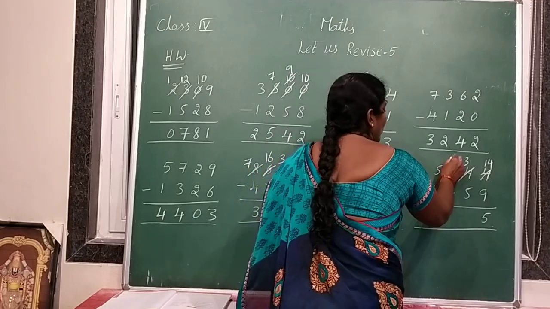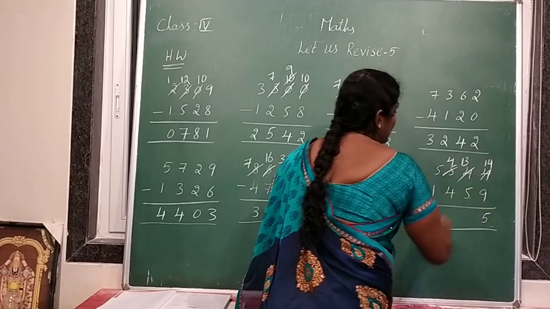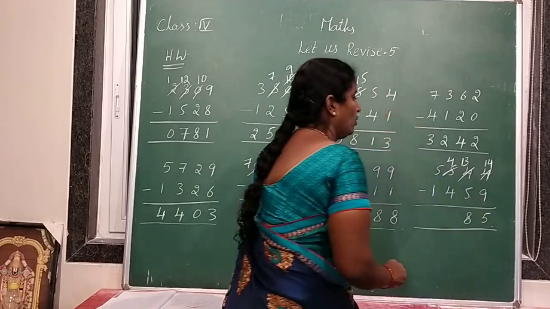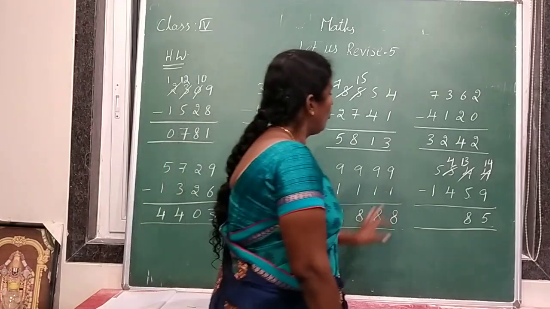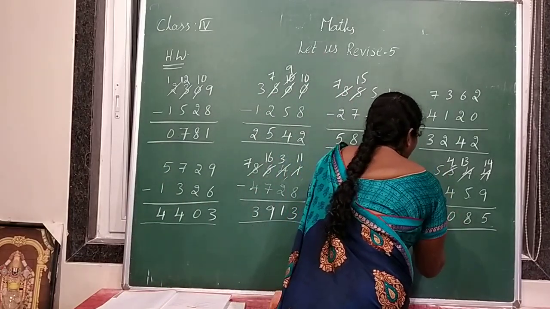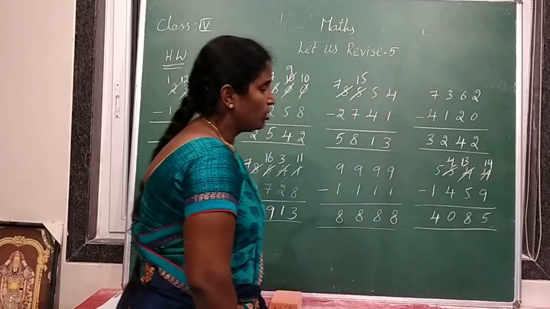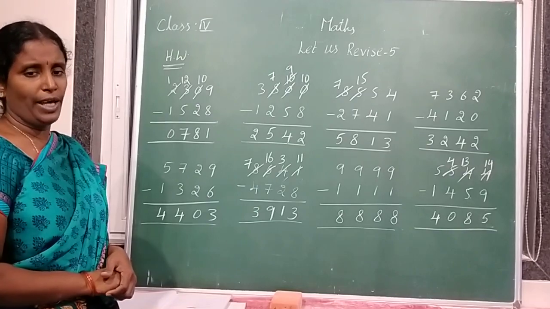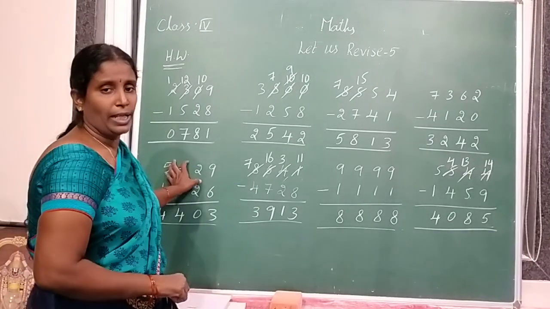So again borrow from 5. 13 minus 5 is, very good, 8. 4 minus 4 is 0. 5 minus 1 is 4. So what is the answer? 4085. So these are the subtractions.